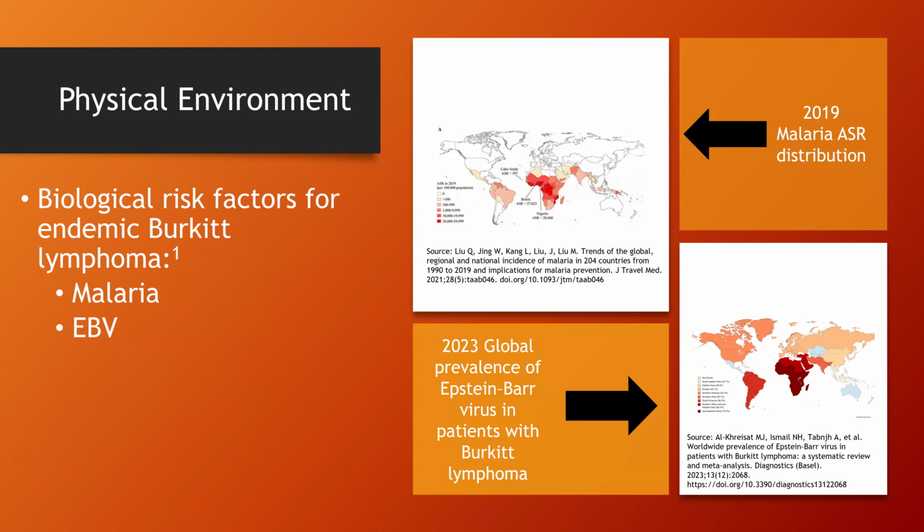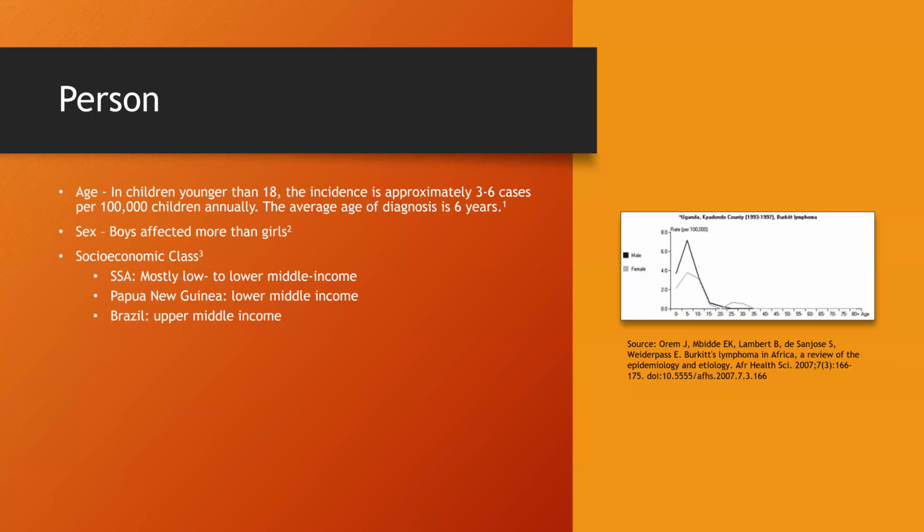So again, the darker red colors are areas where there is a higher prevalence of Epstein-Barr virus in patients with Burkitt lymphoma. We see that this is true in Brazil, and it is true in sub-Saharan Africa. However, it's very interesting to note here that for Papua New Guinea, the prevalence of Epstein-Barr virus in patients with Burkitt is unknown.